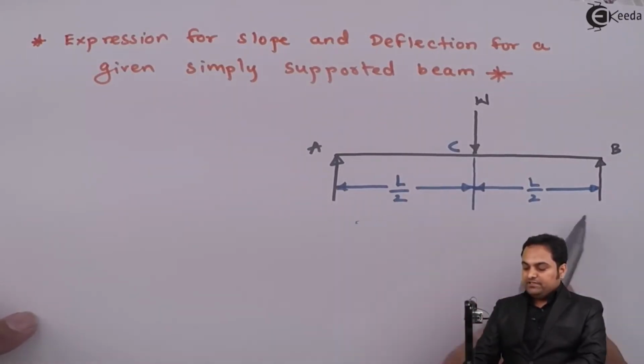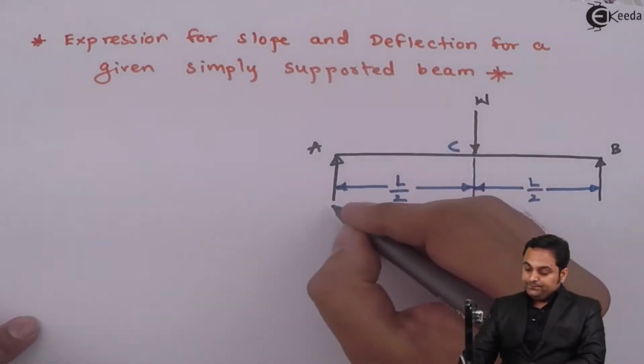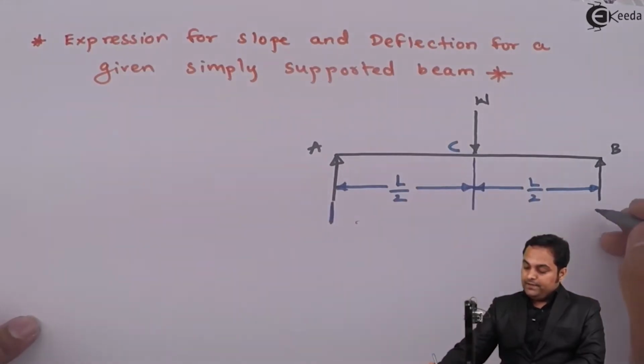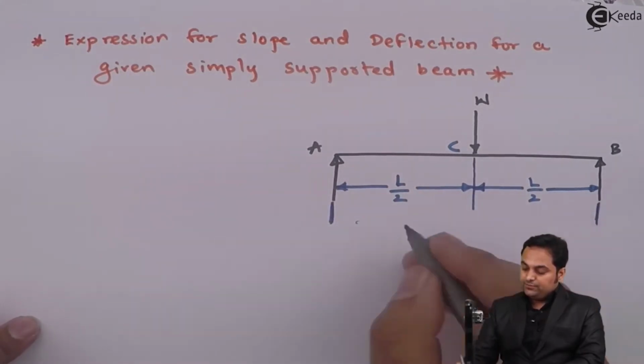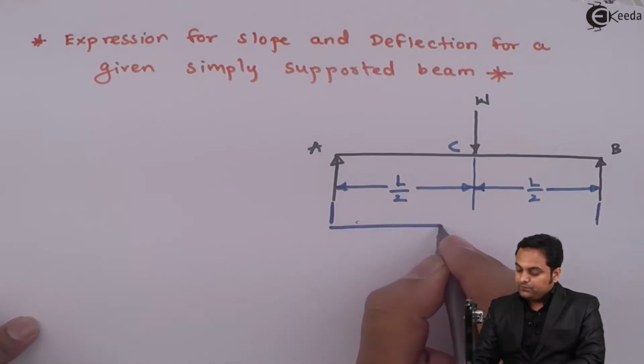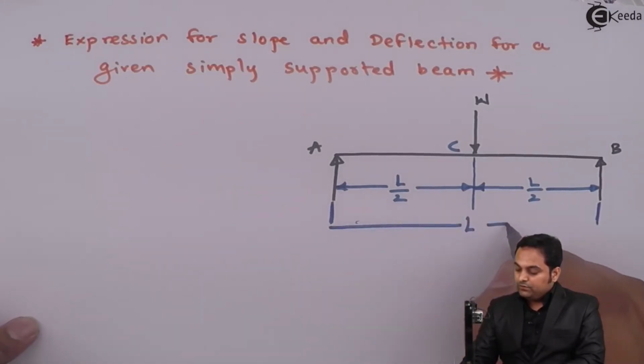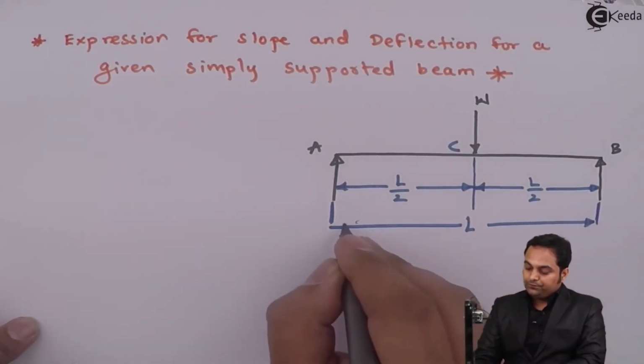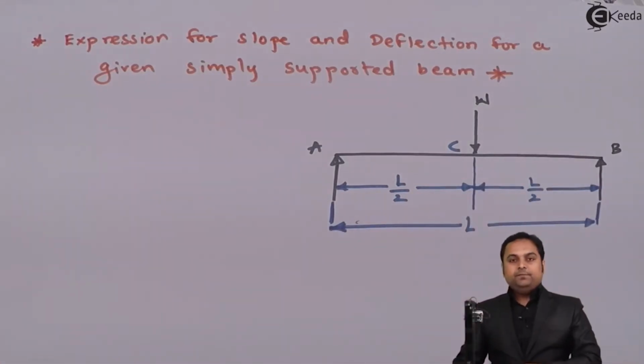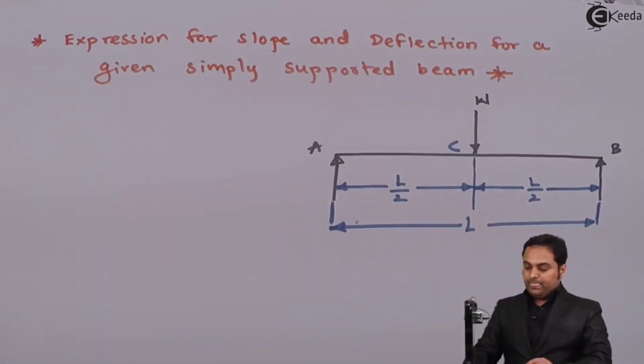If the length of the beam is capital L, then at L by 2 distance from each of the supports, we are having the point load W. Now for such a beam, we need to find the slope and deflection equation.